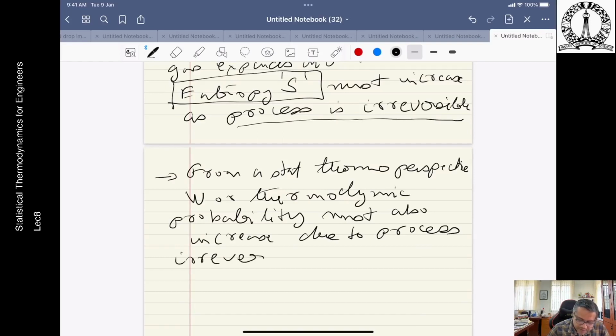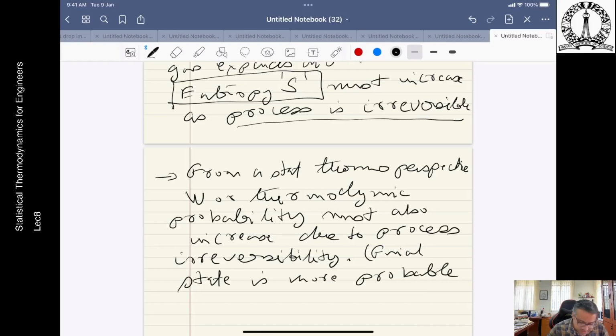The simple reason is the final state is more probable than the initial state.